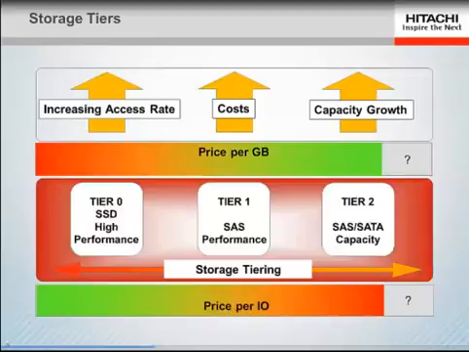These are larger capacity disks, however they don't have the throughput of SAS. So if you need extreme high performance, Tier 0, your average performance and your average cost would be on Tier 1, and if you need large capacities for, say, archival data or backup data, we would use SAS, nearline SAS, or SATA disks.